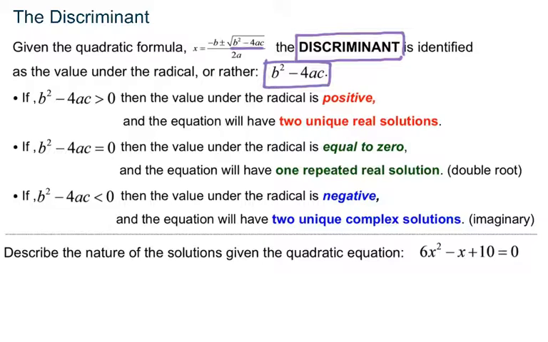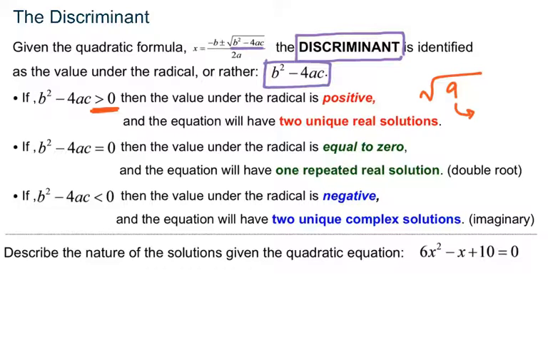All the discriminant does is tell us information about what our solutions will look like. So it's really pretty straightforward. If my discriminant, b squared minus 4ac, is greater than 0, that means it's positive. If we have a positive, the square root of, say, 9, we're going to get two unique real solutions.